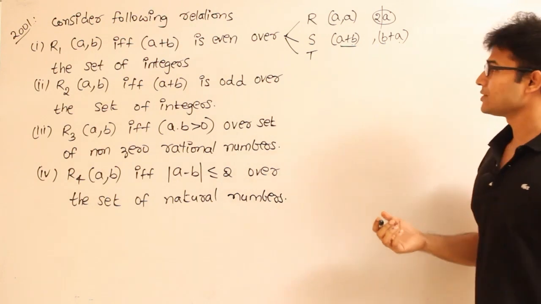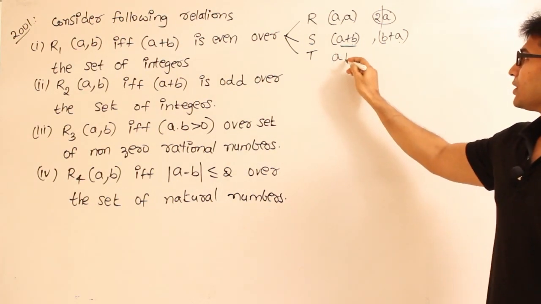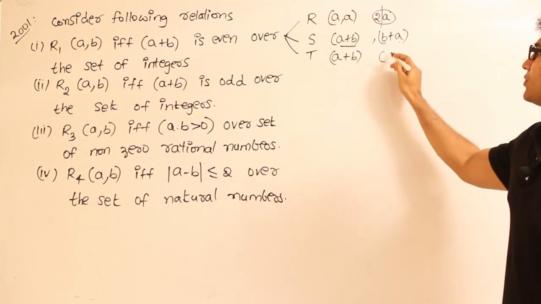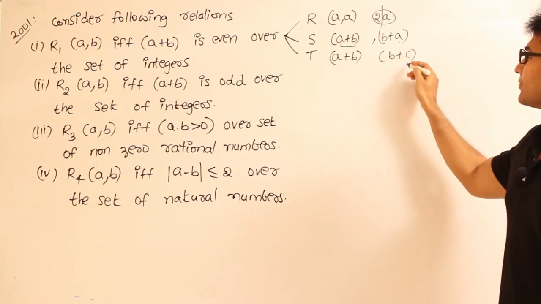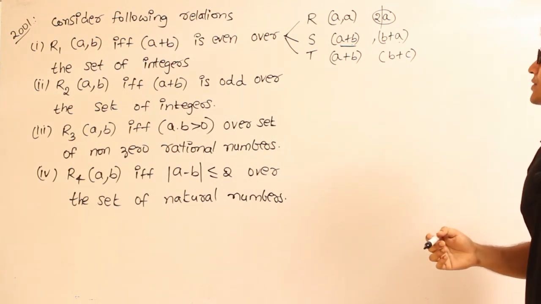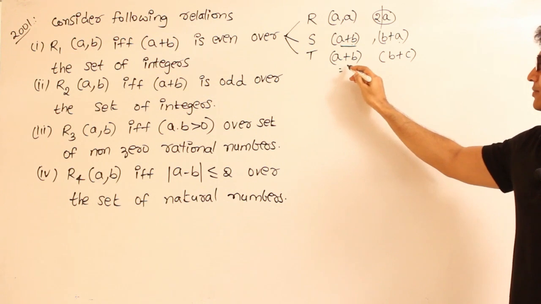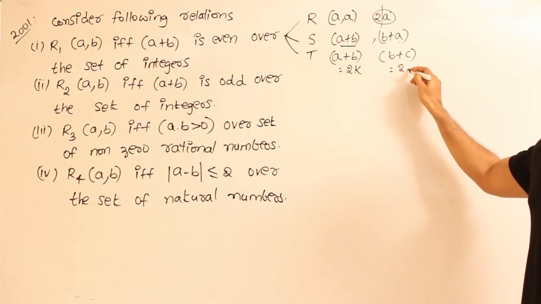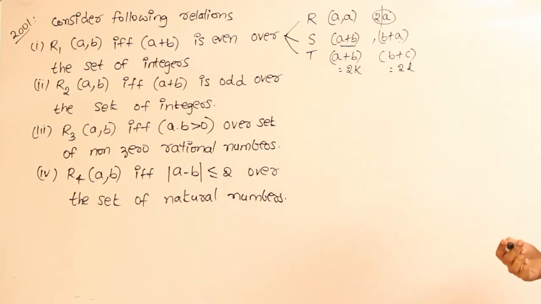What can you say about transitivity? If a plus b is an even number, and b plus c is an even number, then what can you say about a plus c? Let us say a plus b is an even number, say 2k, and b plus c is an even number, say 2l. Now let's add everything together.